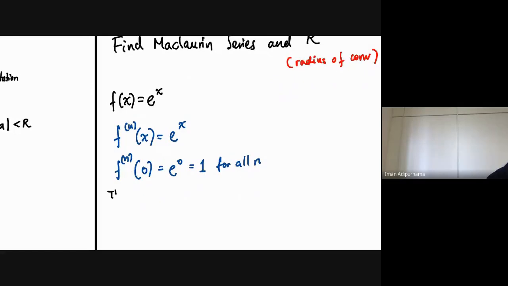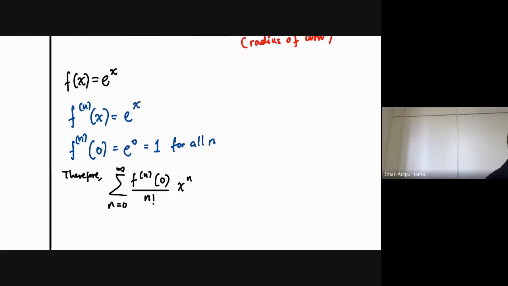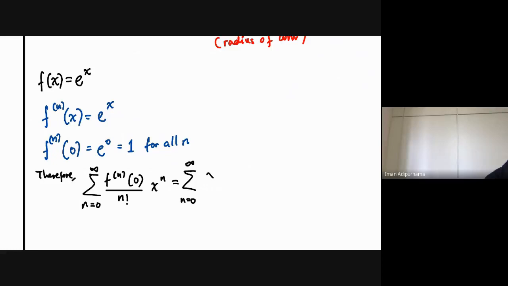So therefore, this will be the sum from n equals 0 of x to the n divided by n factorial.